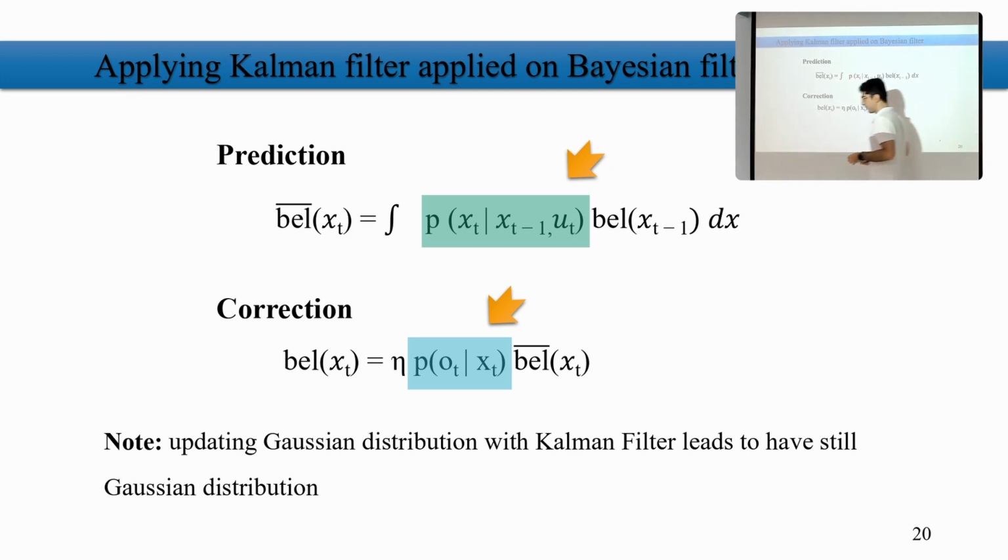Then the second step was the correction. In the correction, we were trying to correct the estimation that we had. What does it mean? I was here, I moved, and calculated my belief of where I am. That is, again, a Gaussian distribution. Then I say I need to correct it because I have lots of error on the control commands, the motion commands that I moved with. How can I correct it?